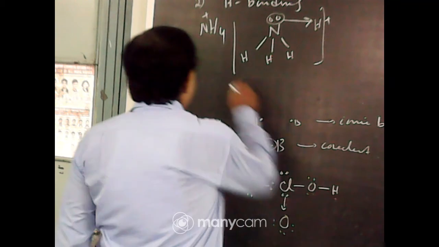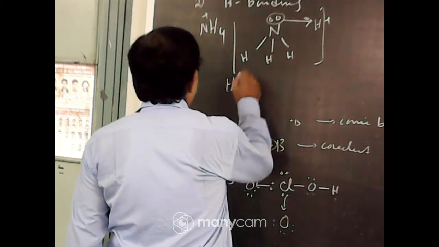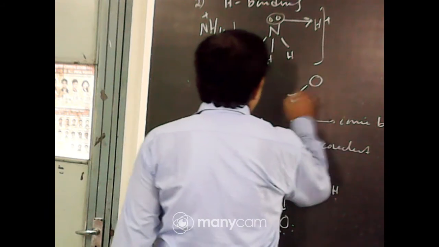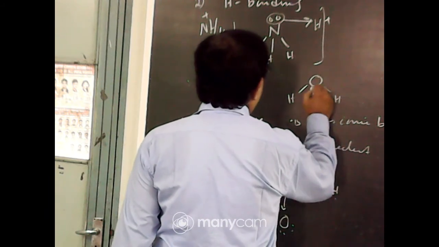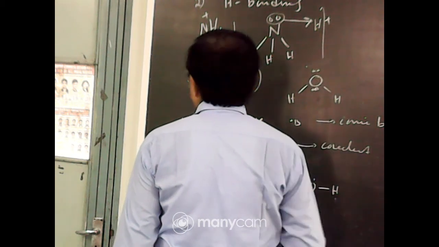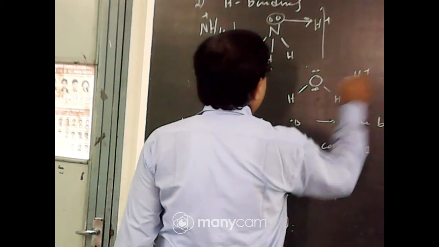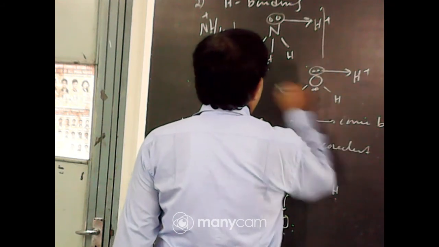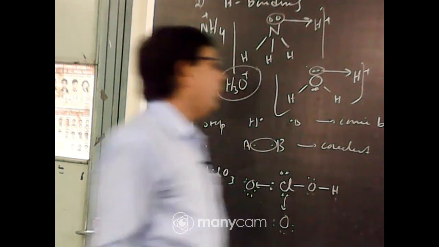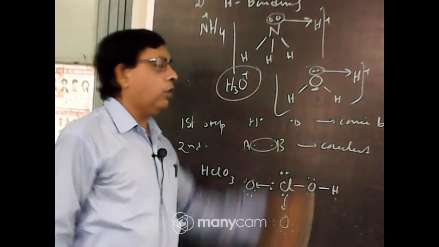Say water, H3O plus, you know the hydronium ion, this is common to all types of acid. In water, oxygen and hydrogen form 2 covalent bonds and there are 2 lone pairs of electrons on the oxygen atom. So there is H plus, it has no electron. This lone pair is donated to H plus to form a coordinate bond and it forms the hydronium ion H3O plus.